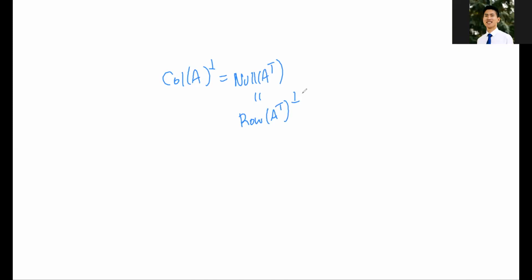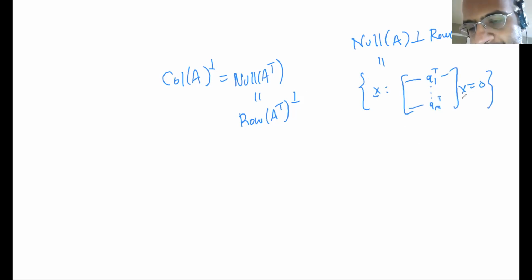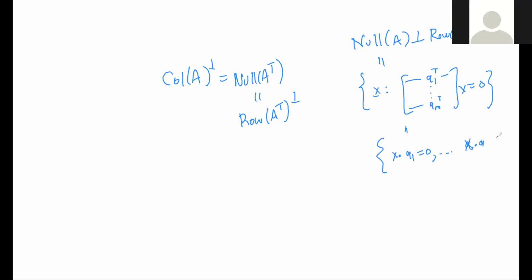Kinda. Okay, so maybe let's go back to the fact why is the null space of A the orthogonal complement of the row space of A in the first place? Well, let's just write it out, right? This is the set of all x so that A x equals 0, which looks like this. That's the definition of the null space, but that's just the same thing as saying x is orthogonal to A1 and all the rows, right?